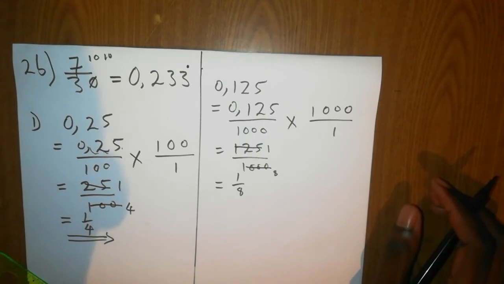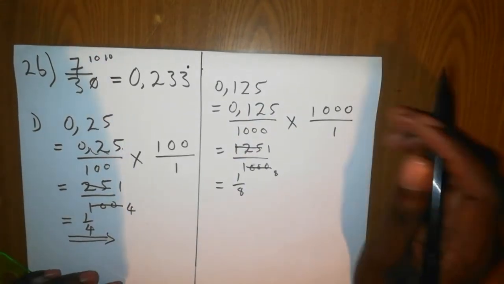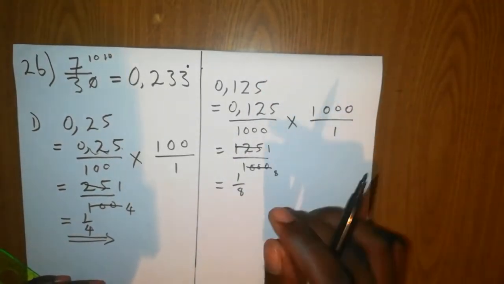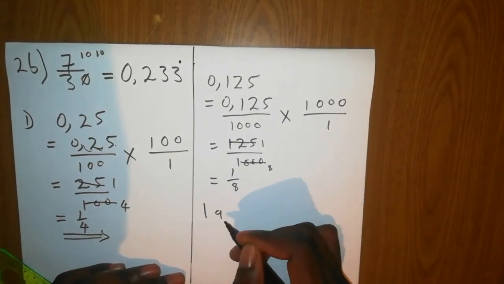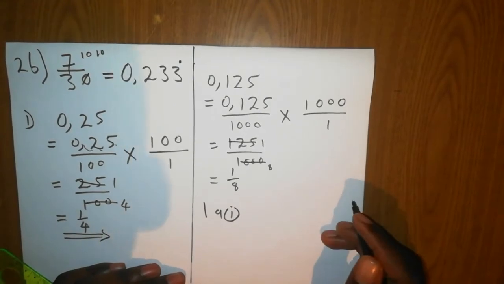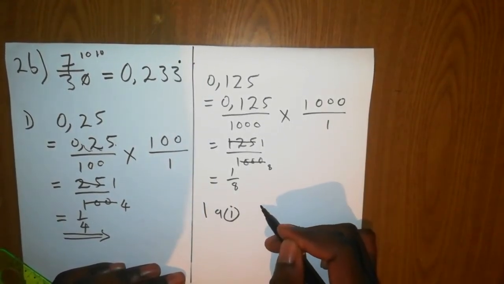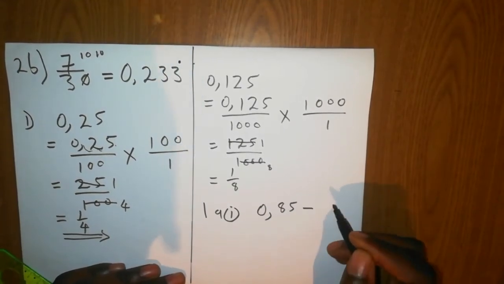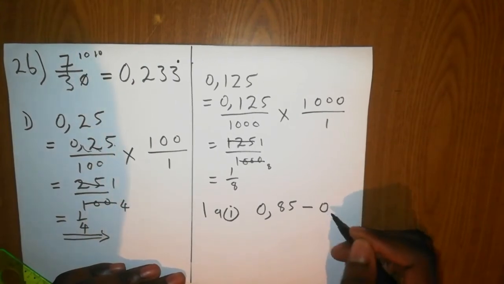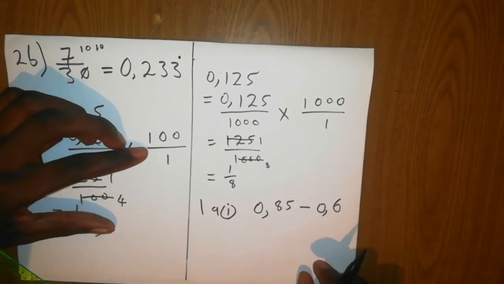So I've got another example here. It's from June 2014, which was a decimal, but it was requiring your answer to be left as a fraction. So it's number 1A, item 1, June 2014, paper 2. The question was saying evaluate 0.85 minus 0.6, leaving your answer as a fraction.